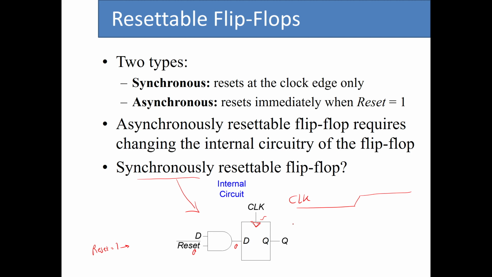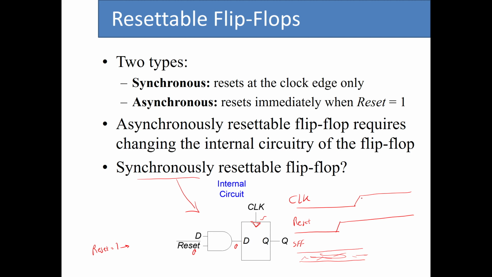This is the reset signal that goes from 0 to 1, let's say at this point. For the synchronous flip-flop, the output can be either 1 or 0. Since we don't know what its previous value was, I'll just show it as both of them, right?